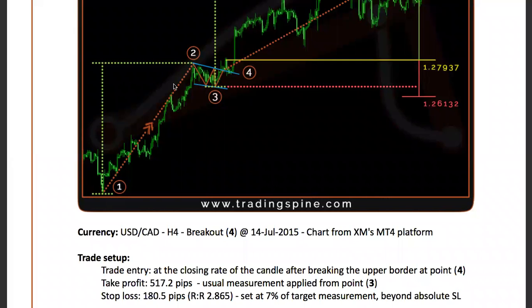Now we have an uptrend in this case, but this channel forms just like I said, like a flag. You have your support and your resistance. Here now is your support and here's your resistance. So this is just a pullback from the initial trend.